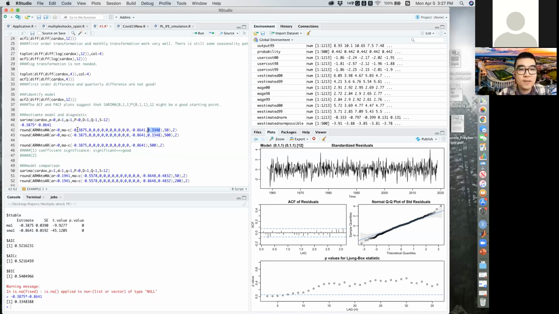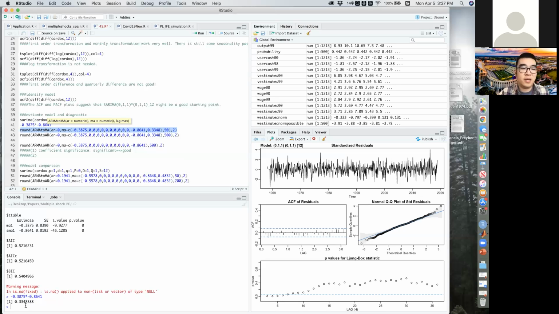Now this is the coefficient of the MA part, and let's check if this is a valid ARMA model. We first check if this can be written as an MA infinity model. Of course, it can, because there's no AR part.